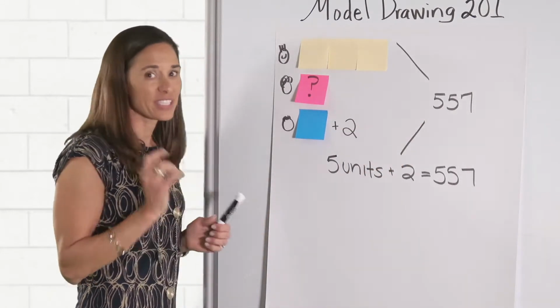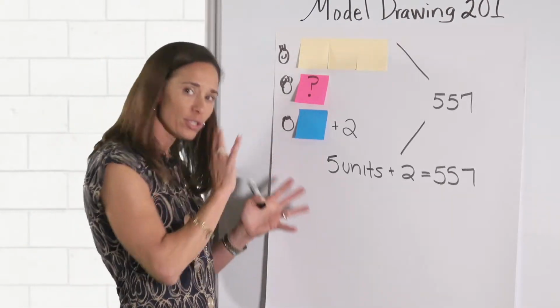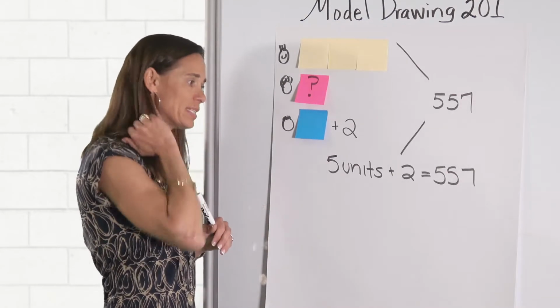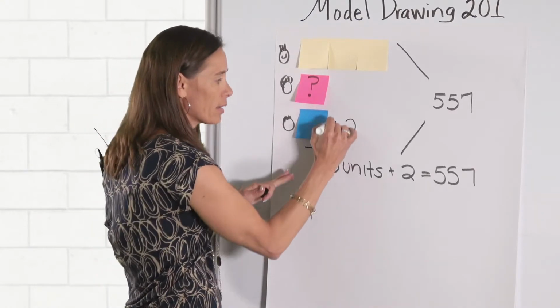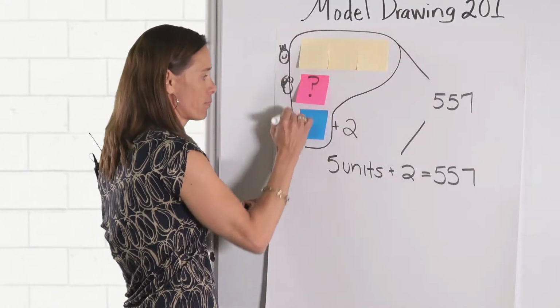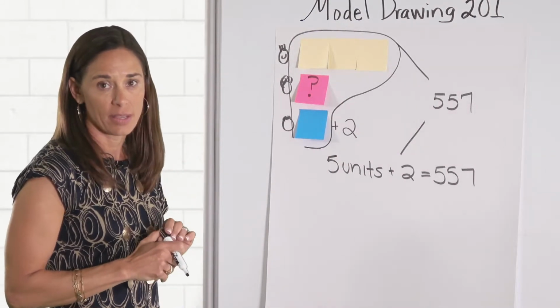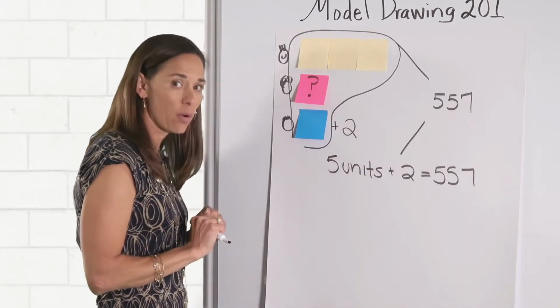So a 4th grader doesn't know Algebra 1 at this point, does not know what you do to one side, you do to the other, and all those rules and procedures, steps we teach kids. But they do know that this part and 2 make a total of 557. So they ask themselves, what number plus 2 gives me my whole?